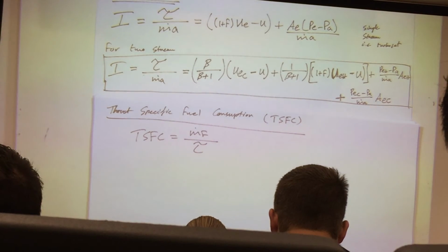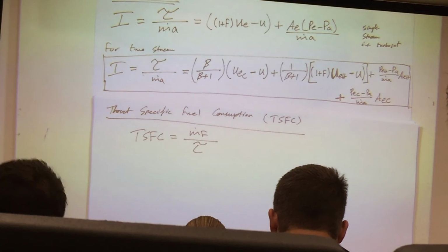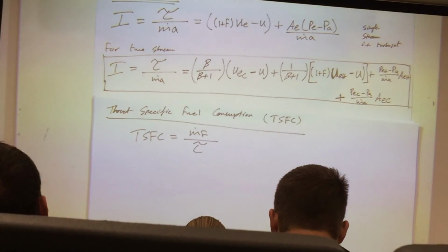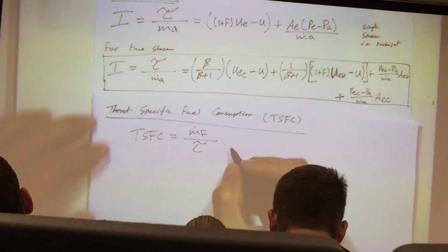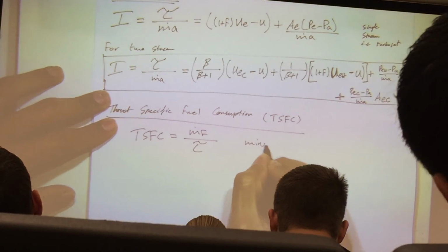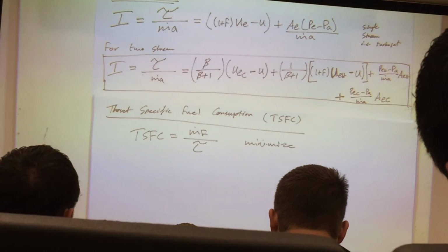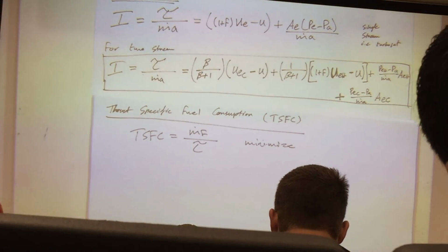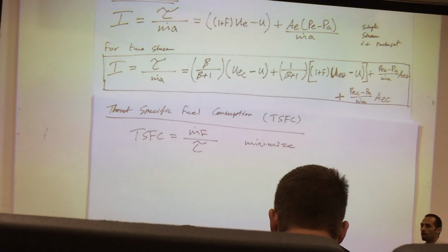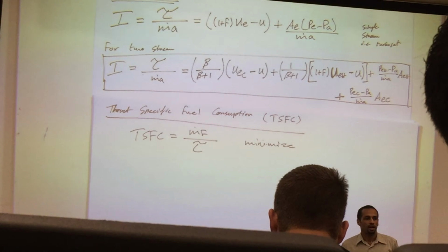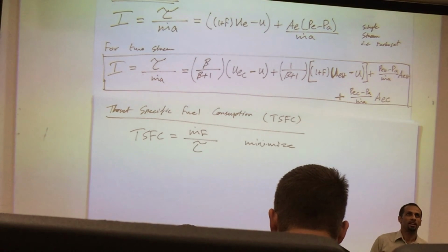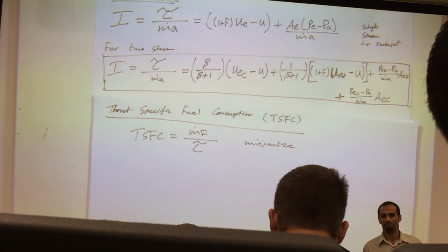If you put in more fuel and you're getting less thrust, that means your engine is not happy, so you're going to minimize it. It's like running a car engine at 3 miles per gallon and only getting 10 horsepower.